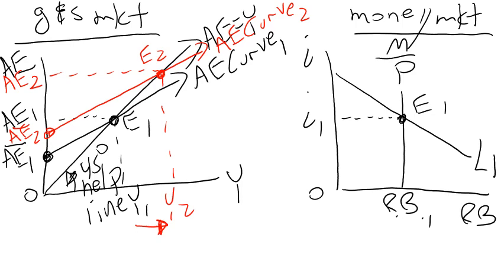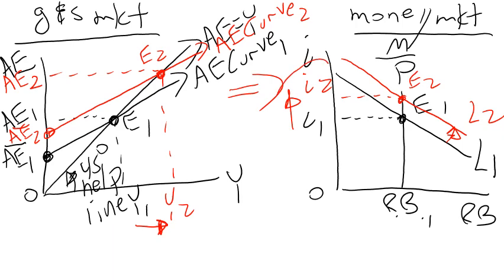All right? So it starts in the goods and services market, and then, of course, it transmits to the money market. And in the money market, what happens? Well, higher level of money demand. So it's a shift of the money demand curve. New equilibrium and a new higher level of the interest rate. All right.